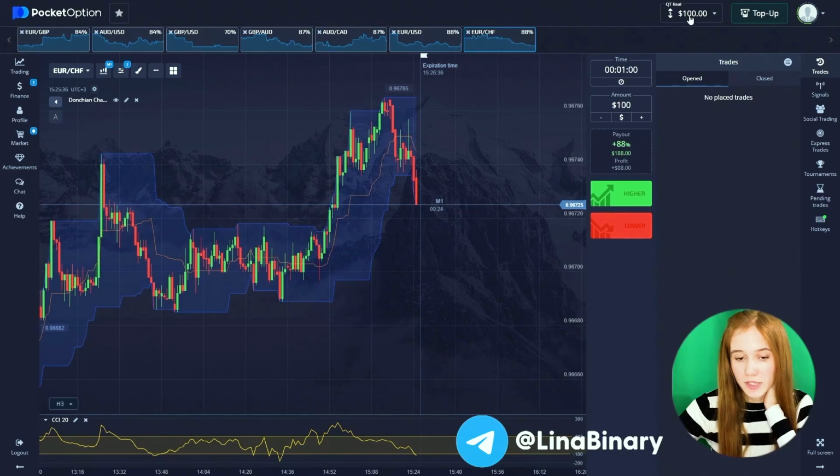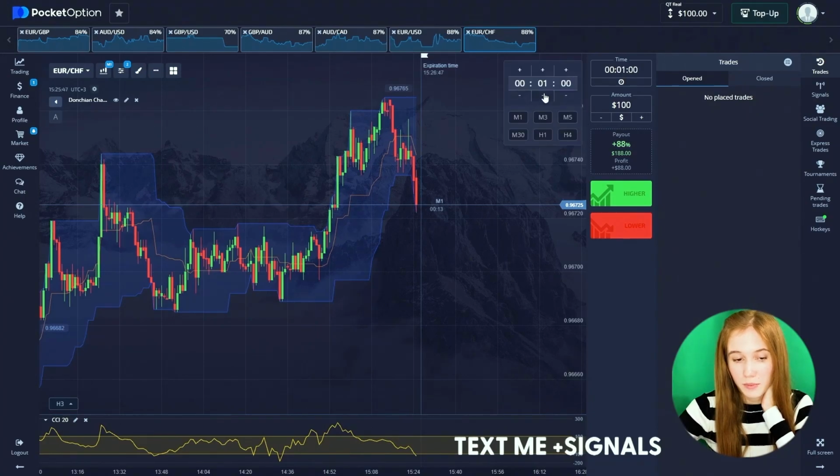Our initial capital is $100, so we apparently have exactly $100. After that we set the time for each deal. I already have 1 minute.